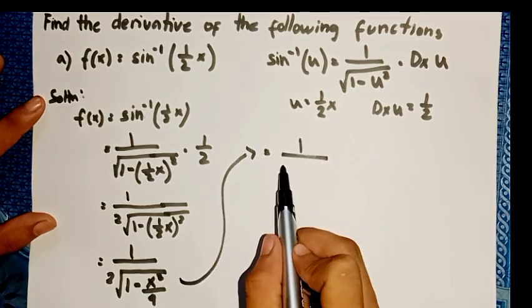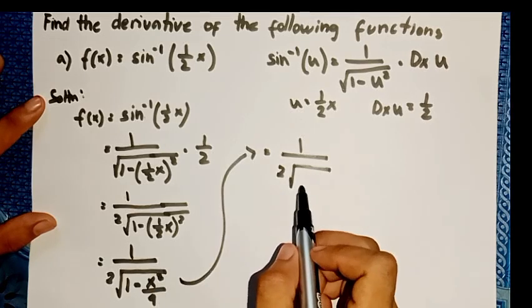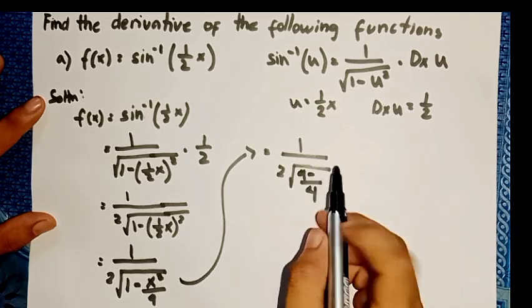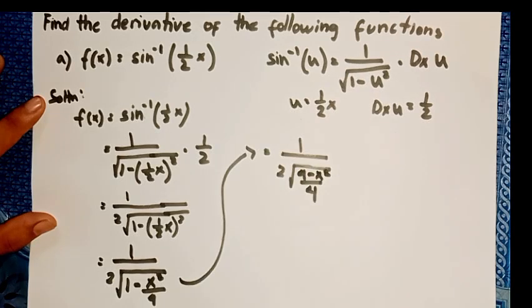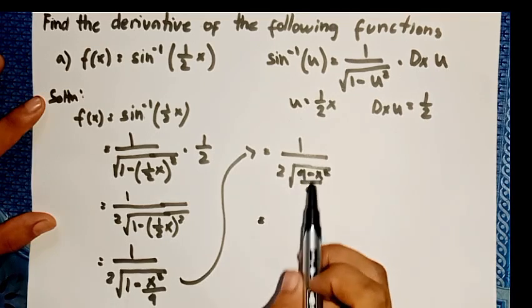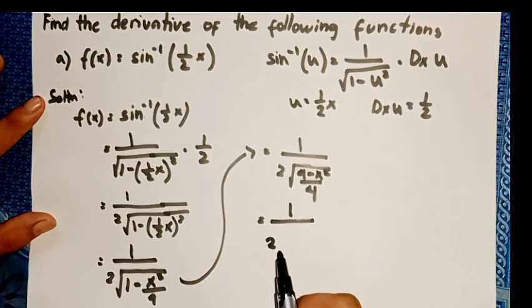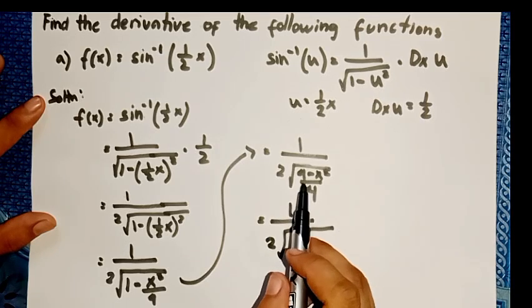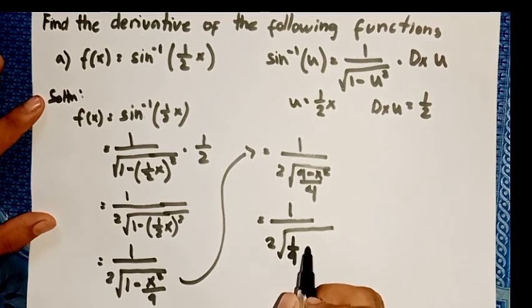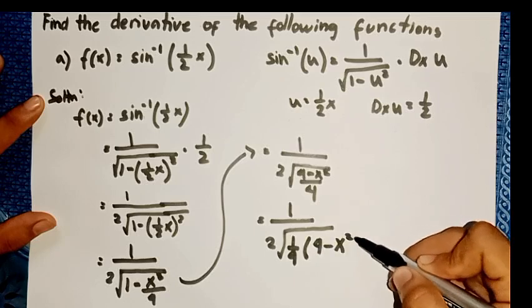Let's see this 4, so 4 minus x squared over 4. Next, let's factor. 4 minus x squared over 4 is equal to 1/4 times 4 minus x squared.